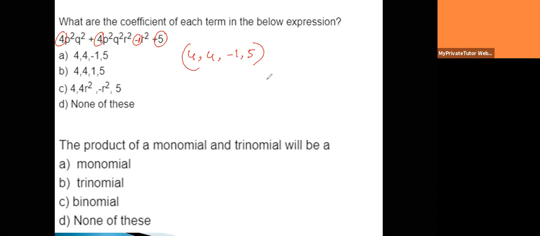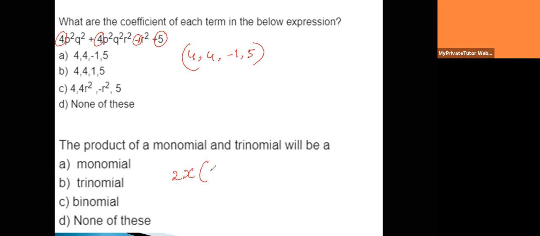C is a binomial. Okay, so let's try a monomial. What is monomial? It is just one term, right? Let's say one term. Which term you want to take? Can I take x or any number? See, 2x.